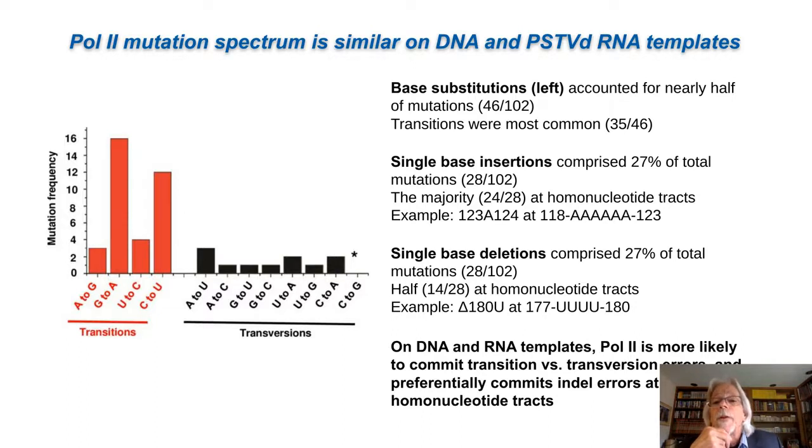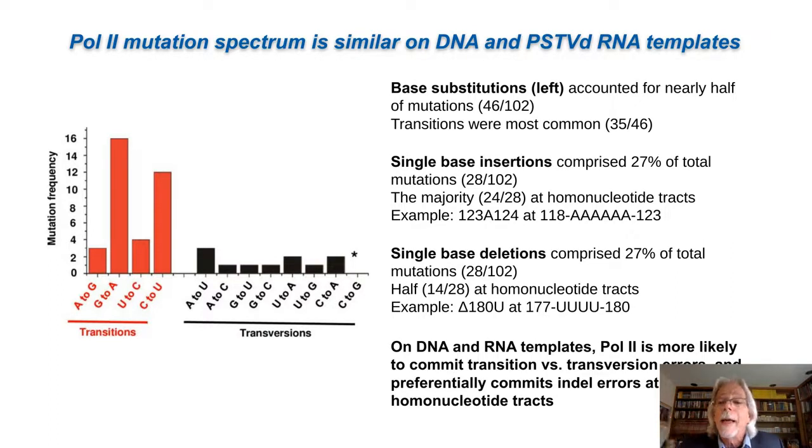Single base insertions and single base deletions each accounted for about a quarter of the mutations, and the majority of them occurred at homonucleotide tracks, as illustrated by the examples here of A123A, 124, which is an insertion between 123 and 124, and delta 180U, which occurs in a run of U residues around position 180.